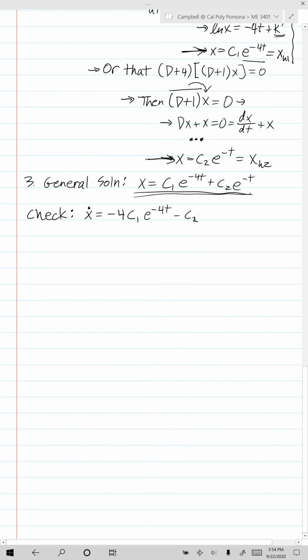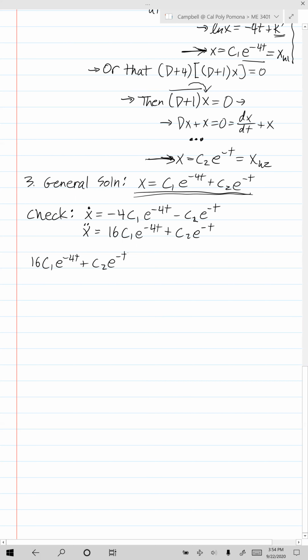That's a c2, my apologies, e to the negative t, and then x double dot is equal to a positive 16 c1 e to the negative 4t plus c2 e to the negative t, and substituting those into the differential equation and multiplying by the appropriate constants. The second derivative has a coefficient of 1, so that just comes straight on in.